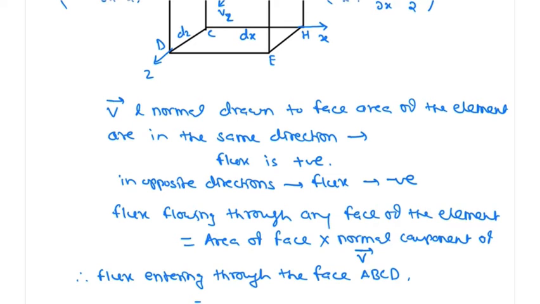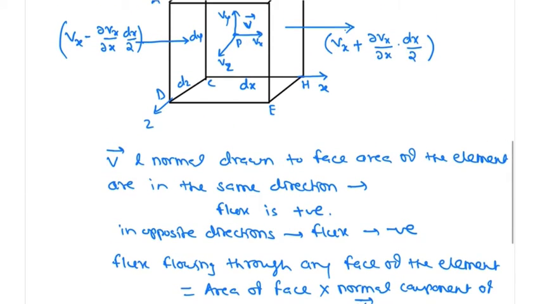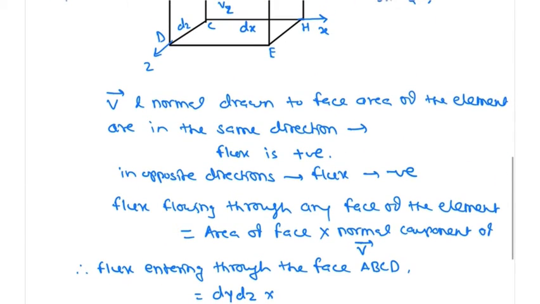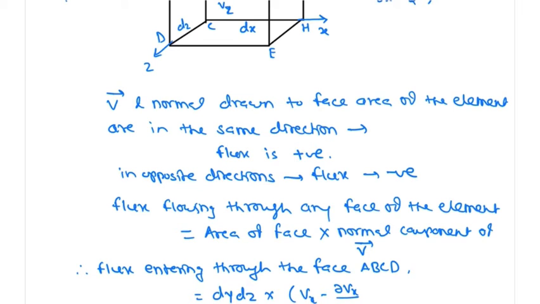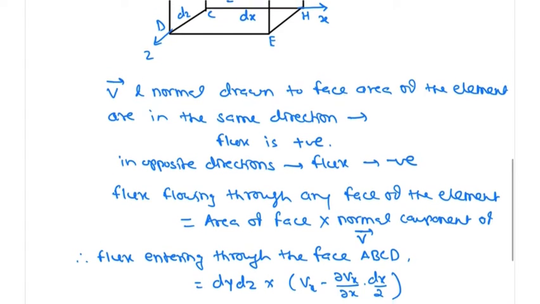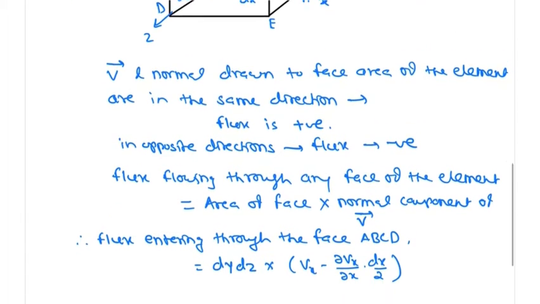That area is dy dz, multiplied by the normal component of the vector point function, whose magnitude we know. That magnitude is Vx minus ∂Vx/∂x into dx/2. Now what is this dy dz? This is the area of the face ABCD.